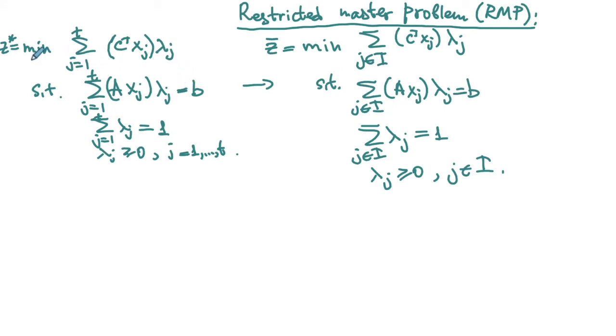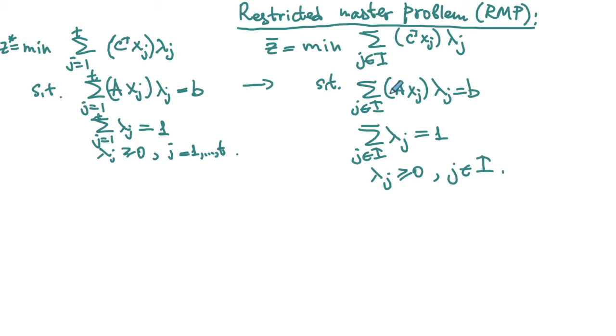Therefore, an optimal solution to the master problem can only improve upon the solution to the restricted master problem and can never be worse. Now, assume that we solved the restricted master problem and we want to determine if this optimal solution to the restricted master problem is also optimal to the master problem.